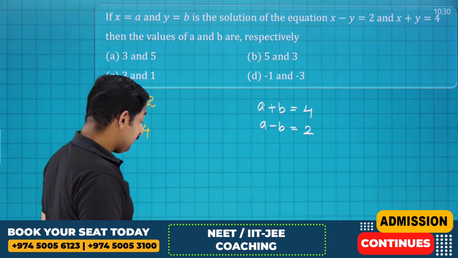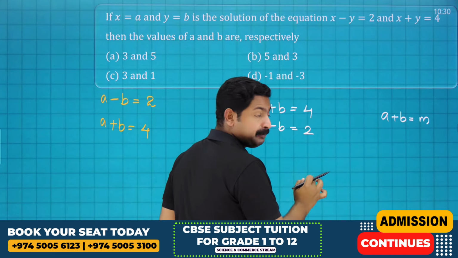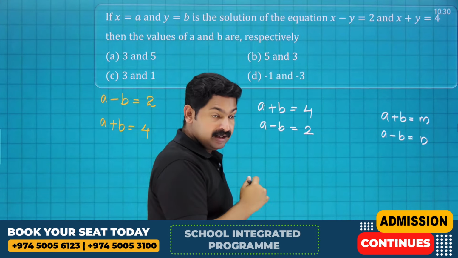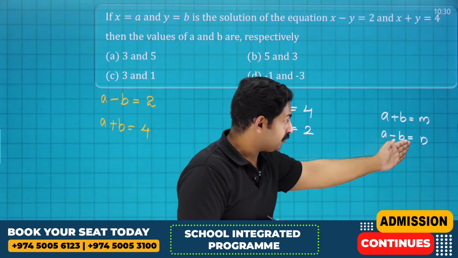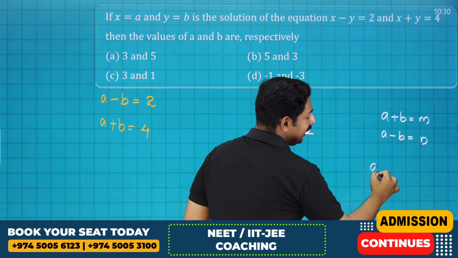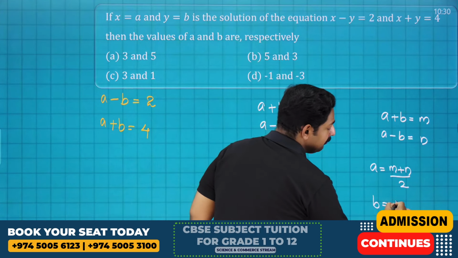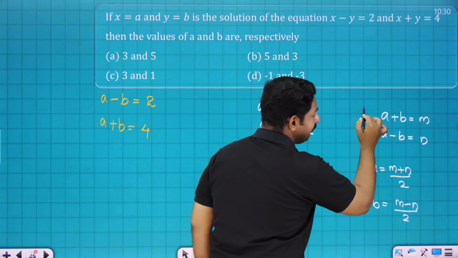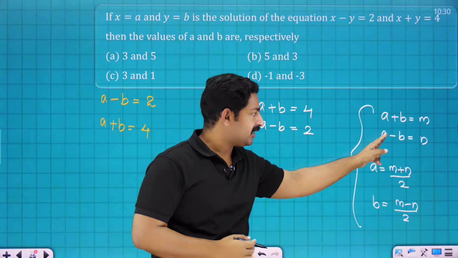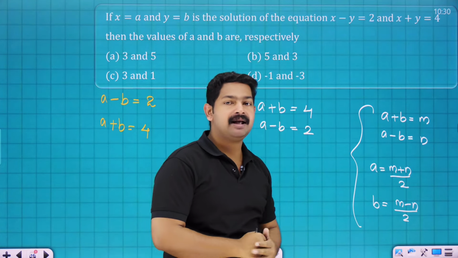If one equation is of the form A plus B equal to m and the other is A minus B equal to n, then the value of A will be m plus n by 2 and the value of B will be m minus n by 2, definitely.